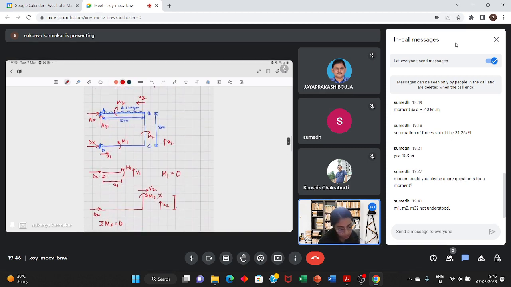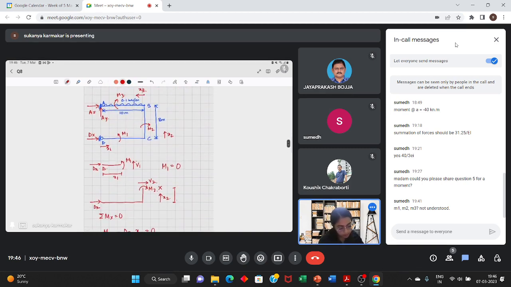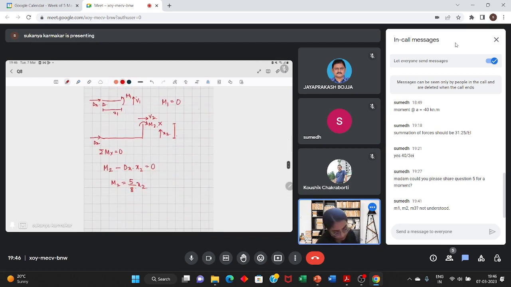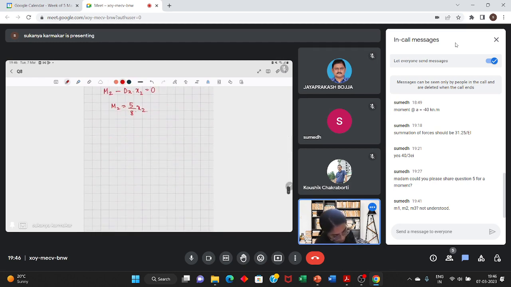For calculating M3, you cut a section from here, start from here and go like this. This is a straight line.